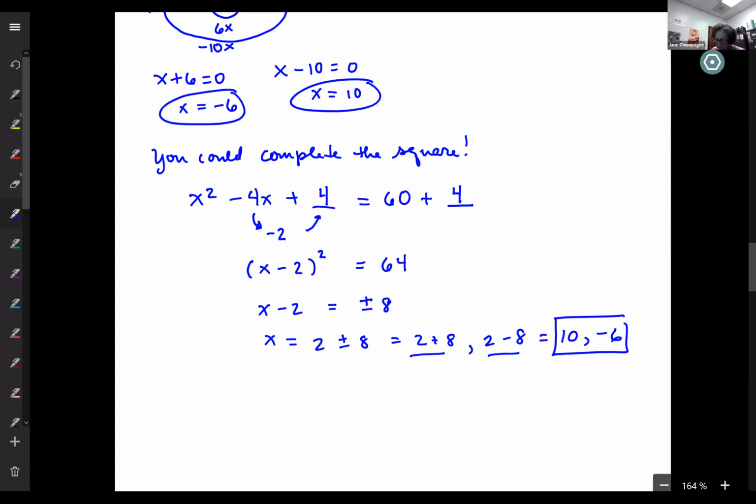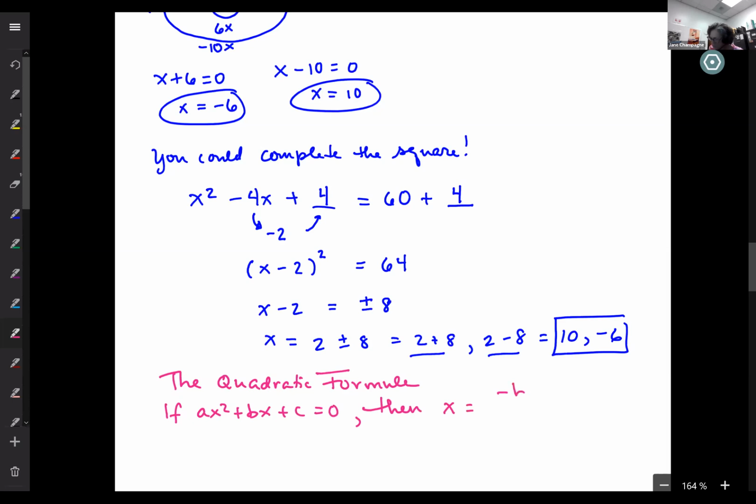Now, the quadratic formula also always works. It says if ax squared plus bx plus c equals 0, so you have to have it in this form, then x is going to be the opposite of b plus or minus the big square root of b squared minus 4ac, all over 2a.